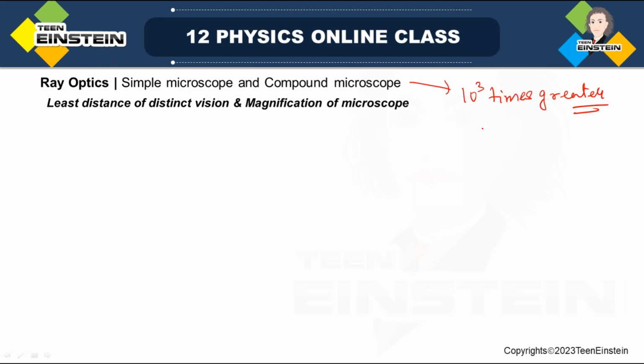In simple microscope, at least 10 times greater. In simple microscope, we can see an object 10 times greater than the object, and in case of compound microscope, it will be 10 times greater than, sorry, 1000 times greater than the object size. So let us see what is called least distance of distinct vision.